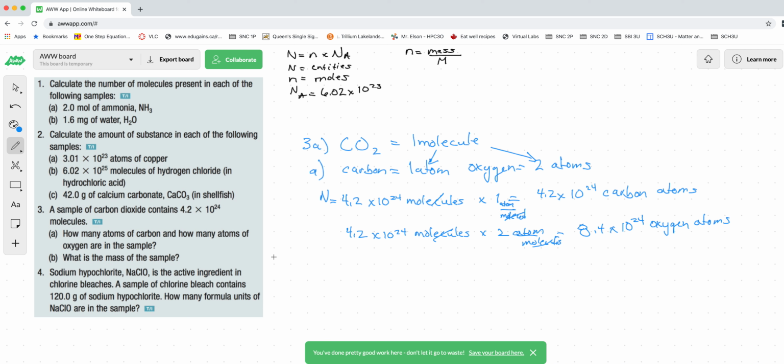It says, what is the mass of the sample? This is where it's a multi-step calculation because we don't have enough information to go right to mass. We can calculate molar mass of carbon dioxide, but we still are missing moles.